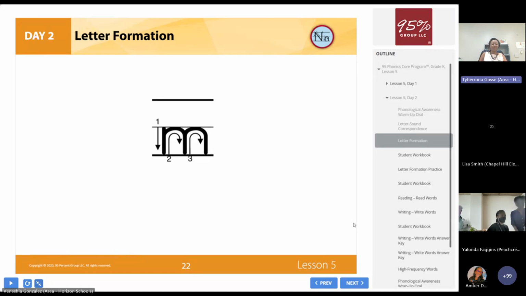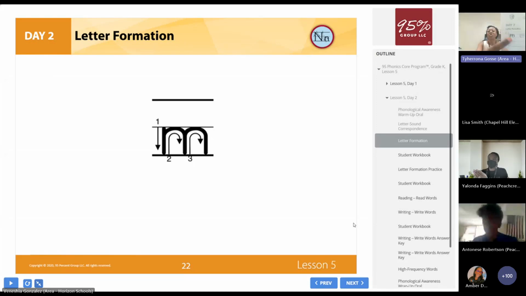Now it's your turn. Turn to page 20 in your student workbook. Find the line that has a leaf in front of it. So this is my page with the leaf in front of it. So I'm walking around to ensure that everyone has found the leaf.